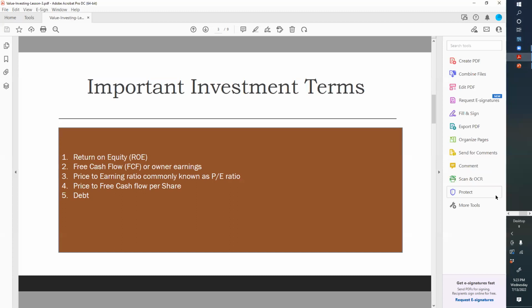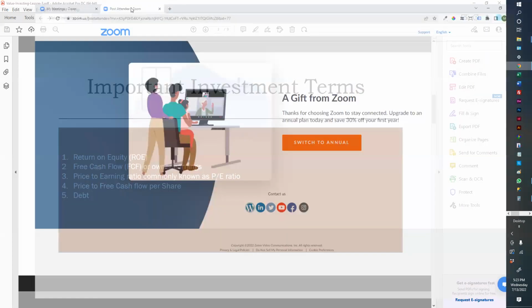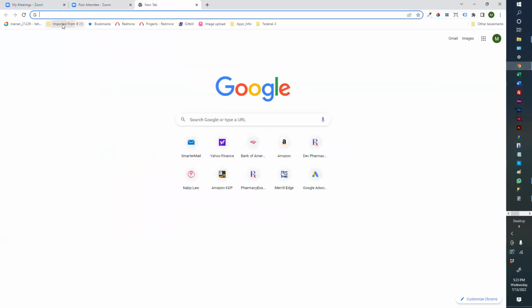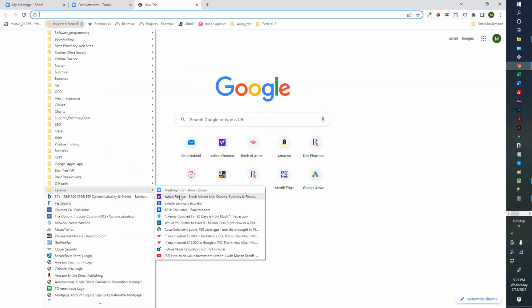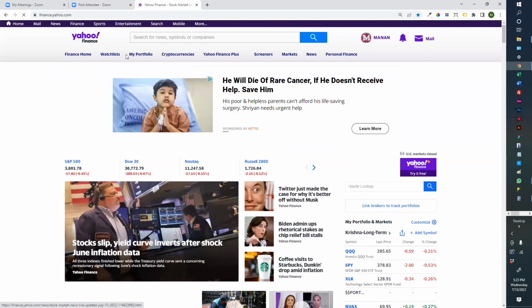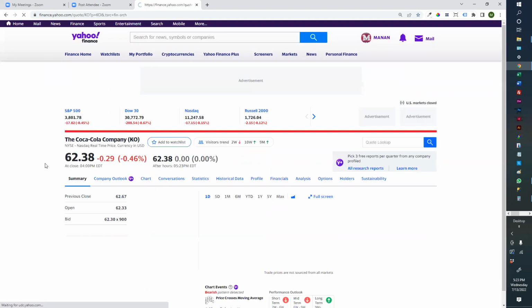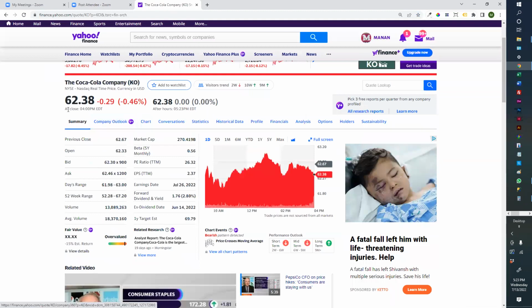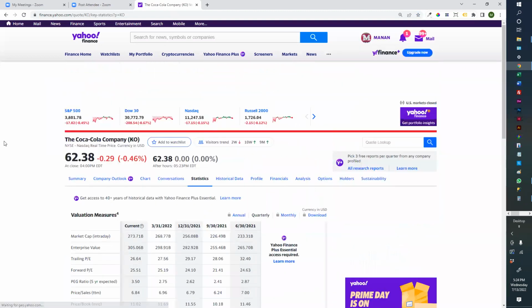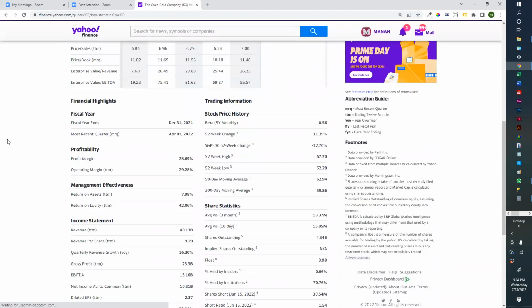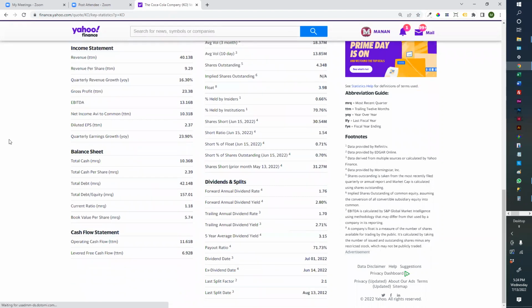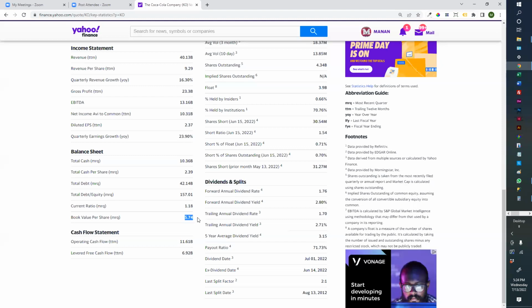That money is not there for the person who is running Coca-Cola. So for example, Coca-Cola is trading right now at $62.38. Now, if we go to the book value, which is under statistics, we can find the book value per share. The book value per share is $5.74.